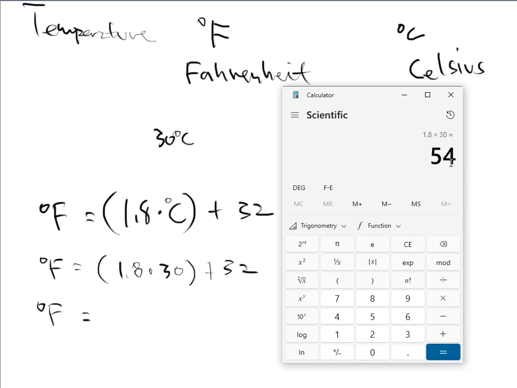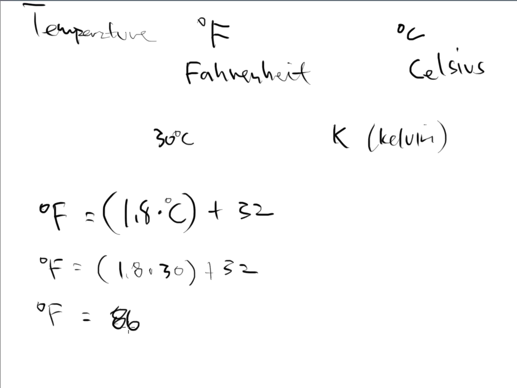That gives me 54, which is super cold, but we're not quite done. We're going to add now 32 onto that number. So here we get an 86. So 86 degrees Fahrenheit is equivalent to 30 degrees Celsius. So that is how we use an equation like that.